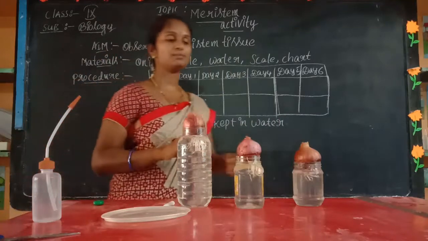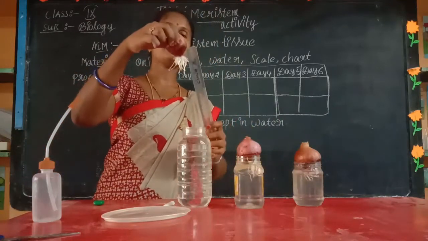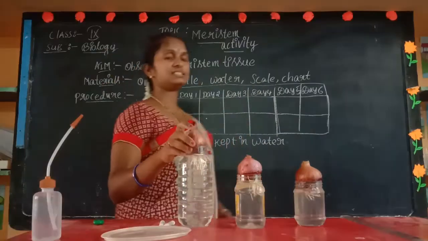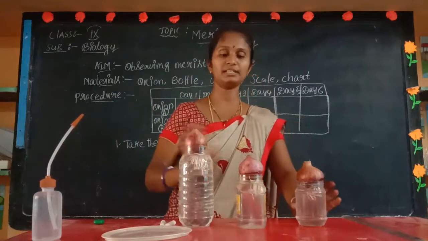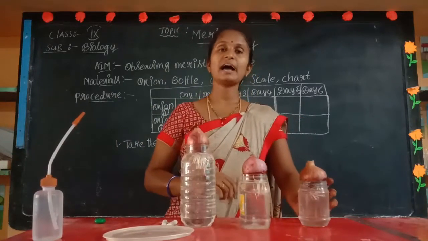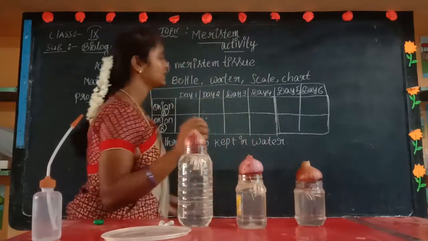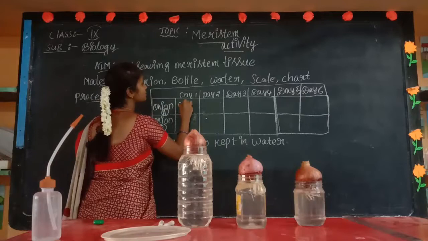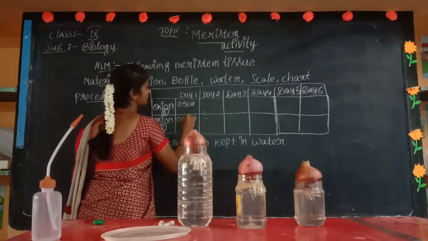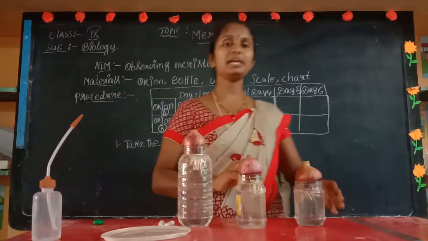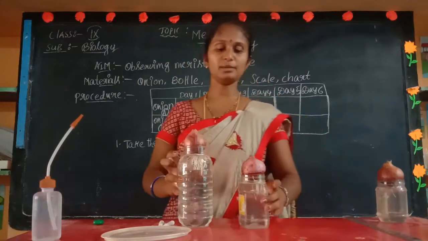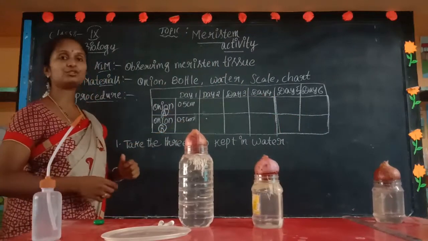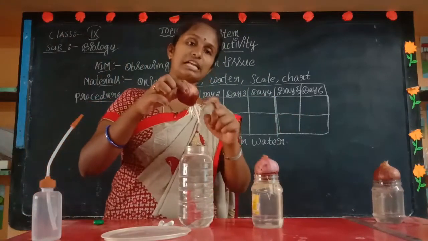After day 1, with the help of a scale, I measured the roots of the onions I kept in water. On day 1 I got only 0.5 centimeters in the A and B beakers. A and B have only 0.5 centimeters of root length.